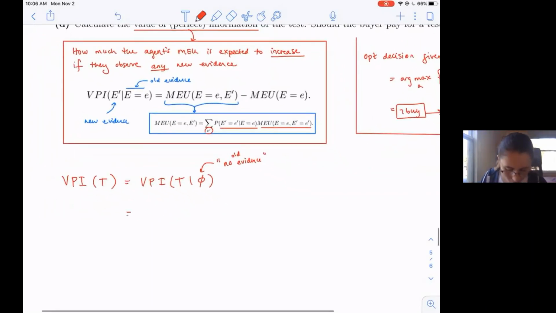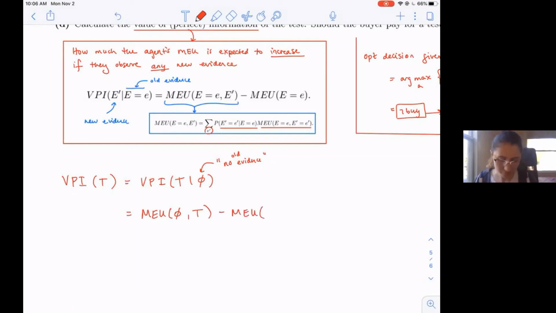Applying our formula here, we're going to be computing the maximum expected utility of knowing nothing and our new evidence about the test, minus the maximum expected utility of knowing nothing, no old evidence. Let's expand out this first maximum expected utility via this equation here.